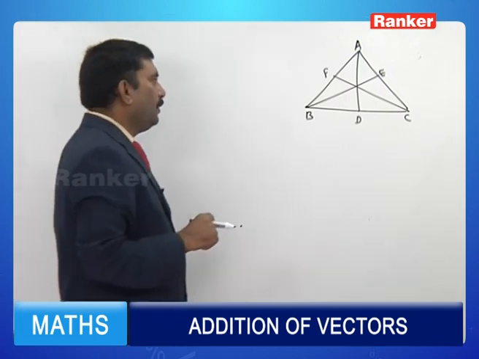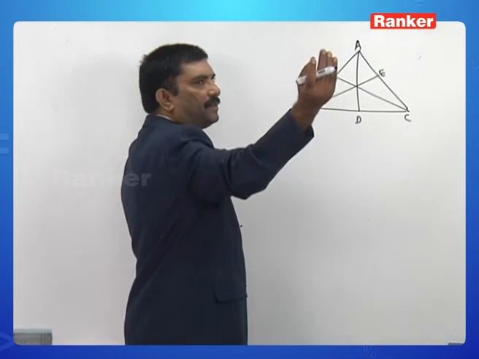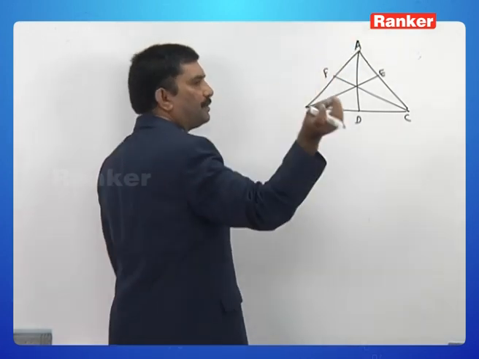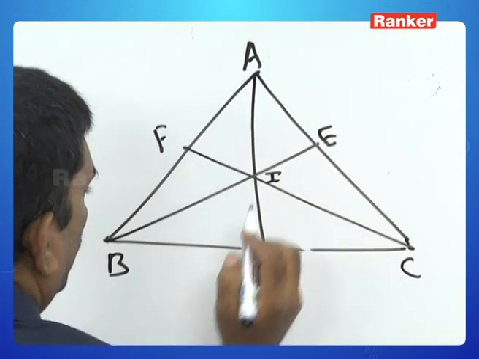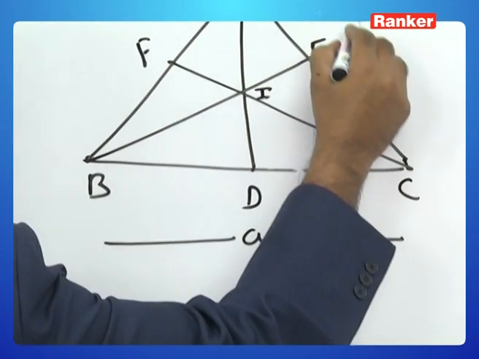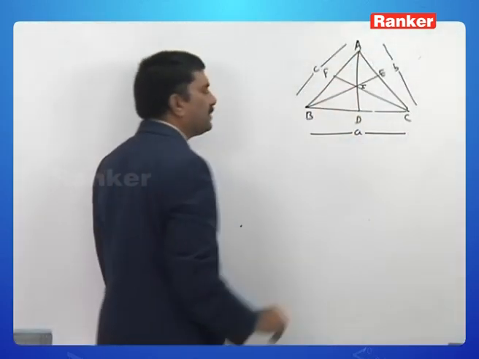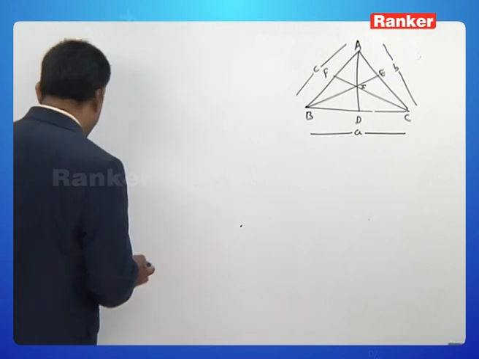Now, where is O? You take this as a free vector, OA bar, OB bar, OC bar. This is called the incenter. Let the length of the sides be small a, small b, small c.